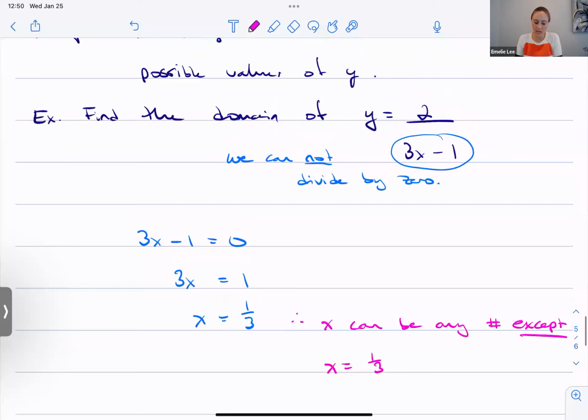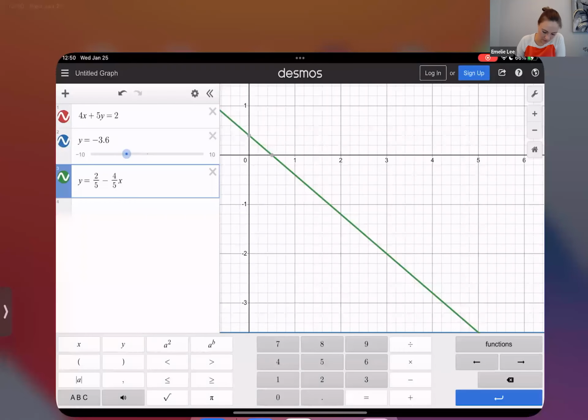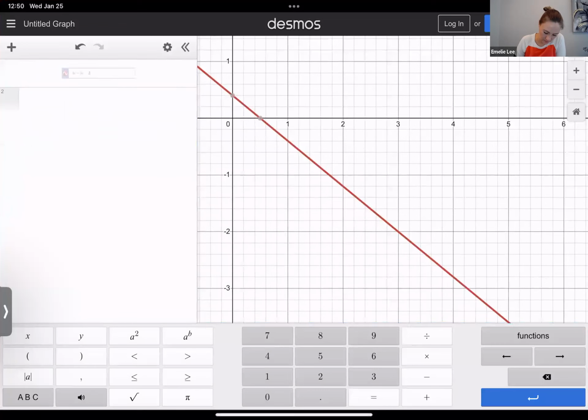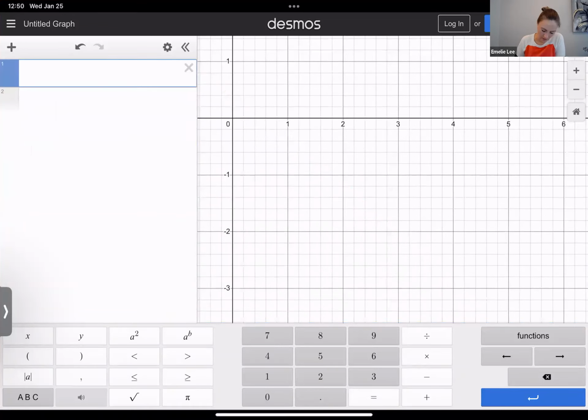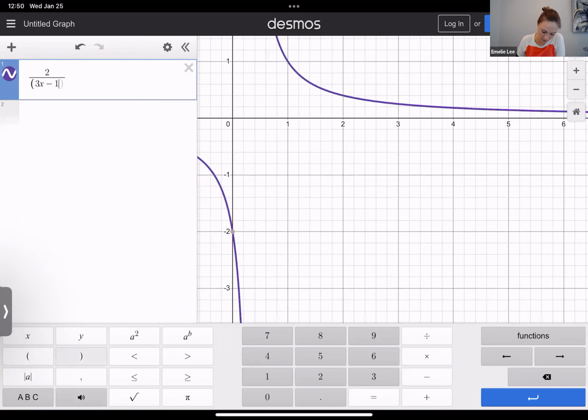Now what that looks like, right, we can graph this in Desmos if we want to see what it looks like. Okay. 2 divided by, and then in brackets, because I just want to make sure that they stay here in the denominator, 3x minus 1.